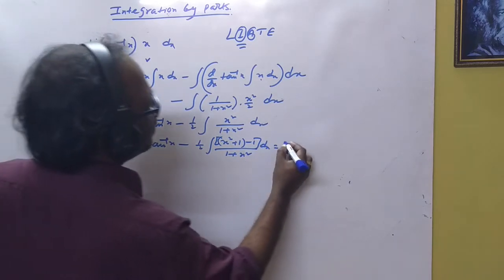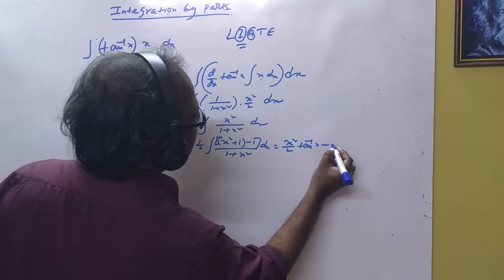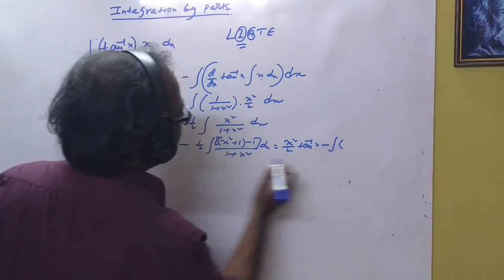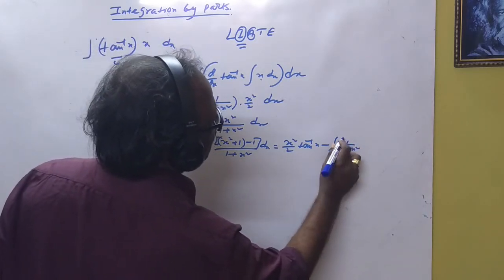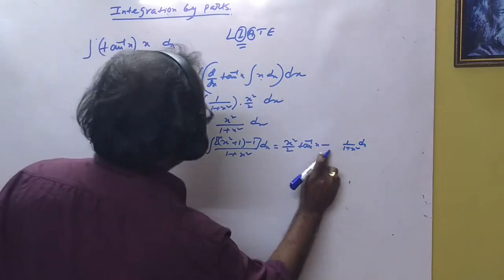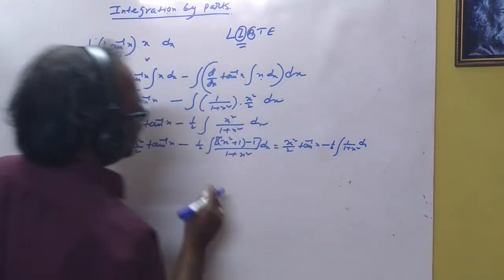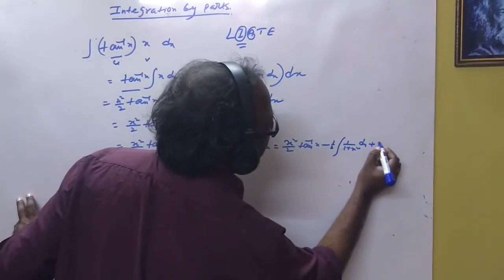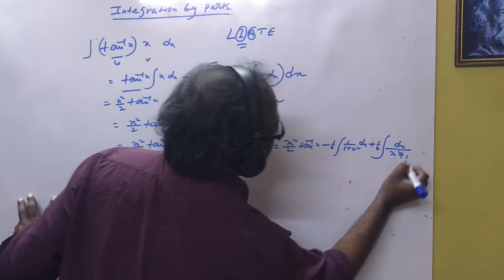So you can write x square by 2 tan inverse x minus, this is divided by this, so 1 by 1 plus x square and dx here, and minus minus plus, so here there is a half. Sorry, there is a mistake here, half is okay, and multiplied by half, this is plus half, and this is dx by x square plus 1.